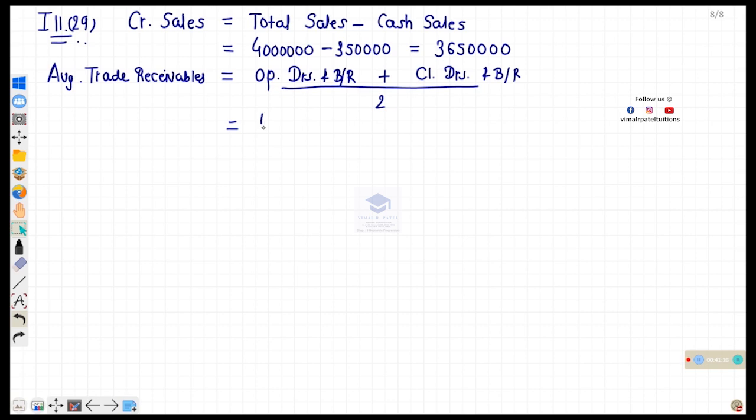So 4 lakh plus 3,30,000 divided by 2. So it will be 3,65,000.